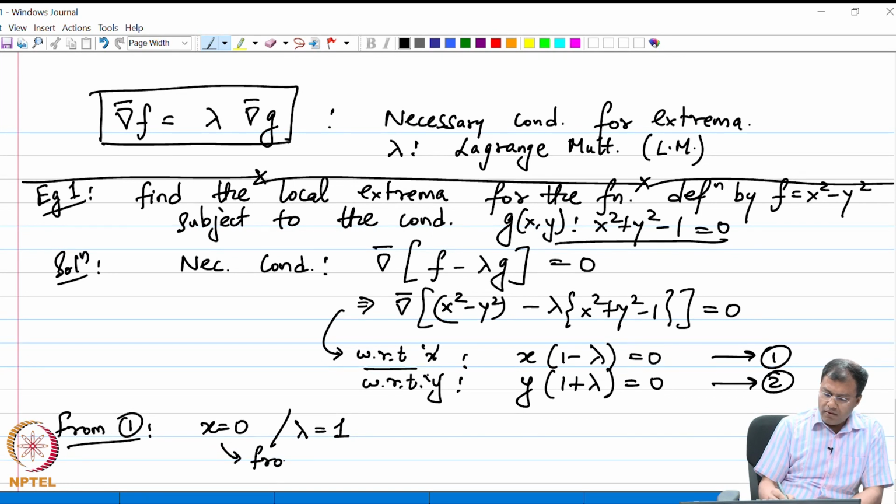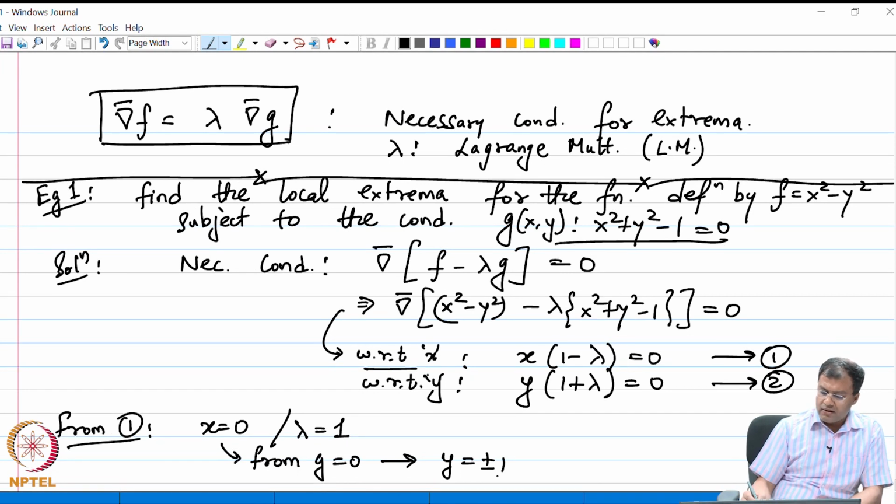From the condition g equal to 0, I get that y is equal to plus minus 1, right. Now, we have not spoken about the value of lambda.